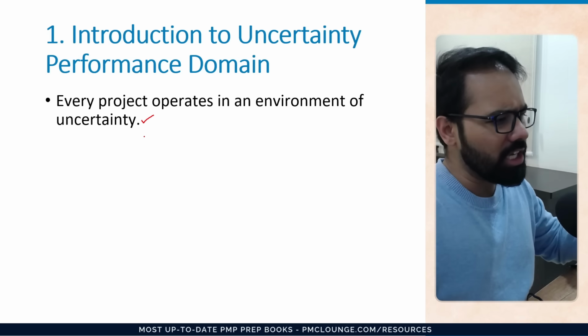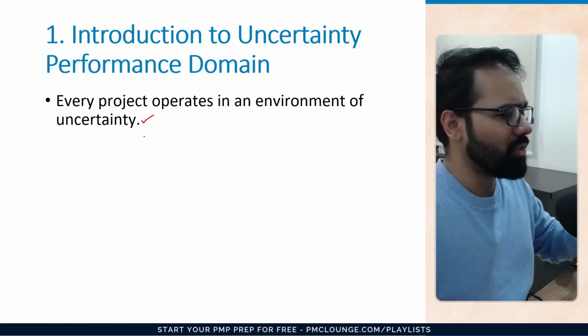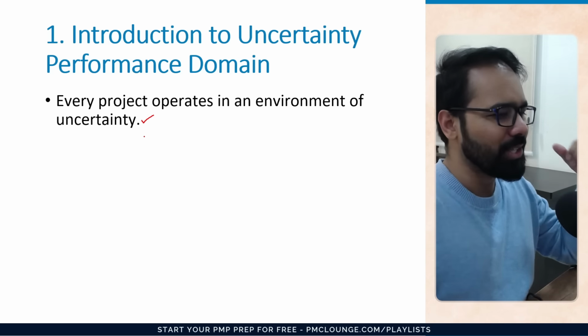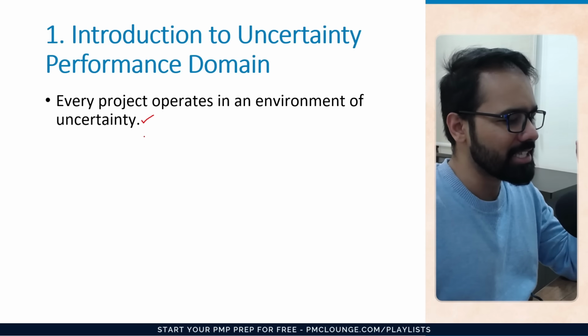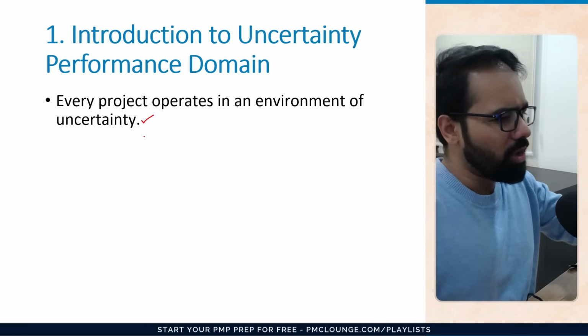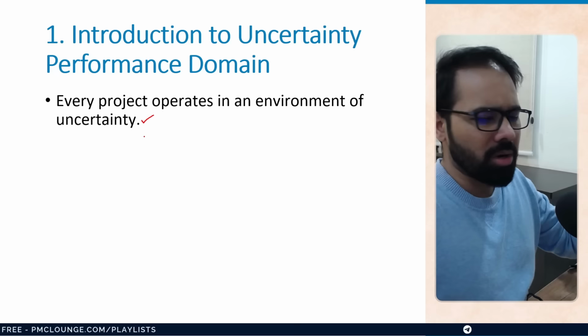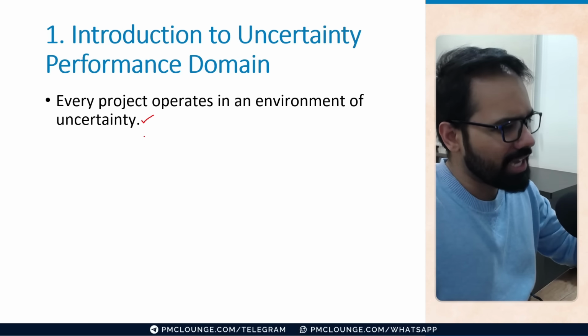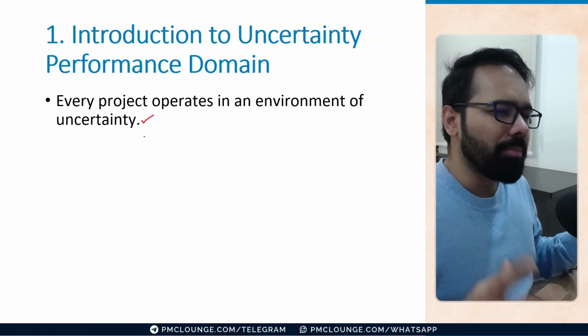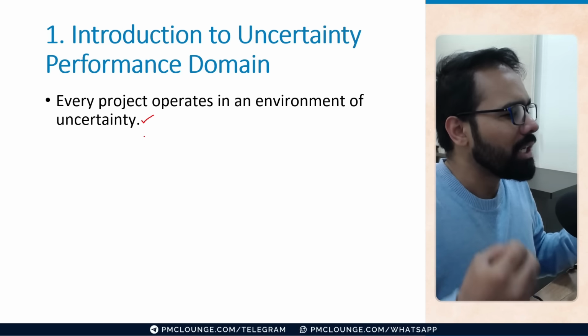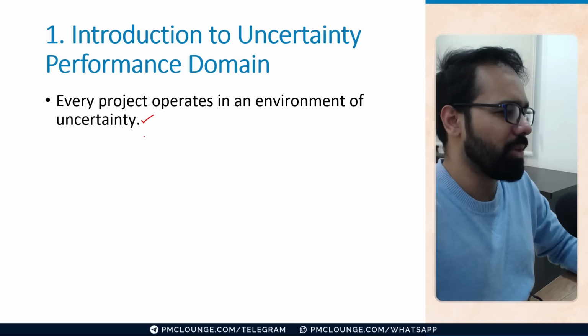If we take our e-commerce website example that we have been taking throughout the course of all the performance domains that we have covered so far. If you're building an e-commerce website, or you could be constructing a skyscraper, there's always something that you don't fully know at the beginning of the project.